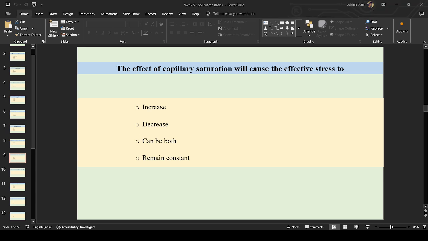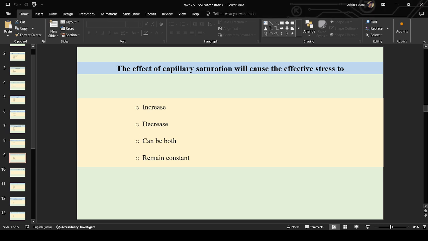Yes. The effect of capillary saturation will cause the effective stress to, the options are increase, decrease, can be both, or remain constant.